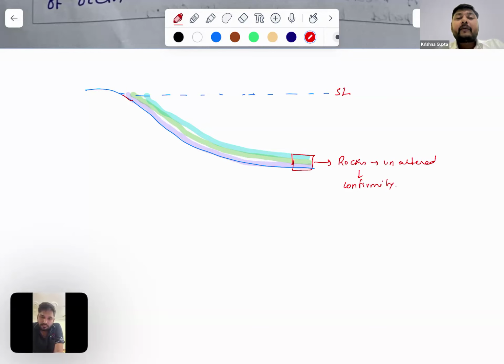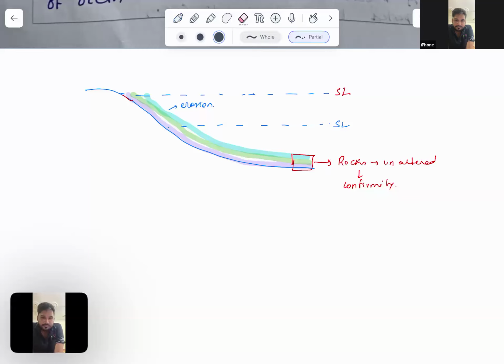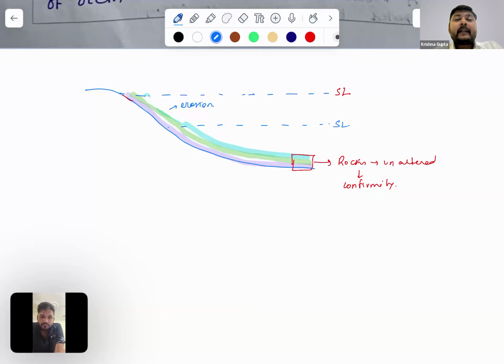But in the second phase, for example, if sea level decline takes place here, then in this region there will be erosion. So because of the erosion, these rocks will be eroded to a certain extent, in this particular region.